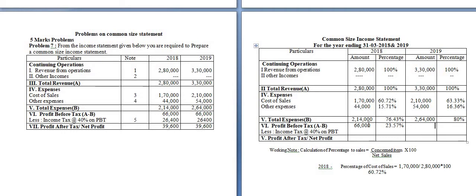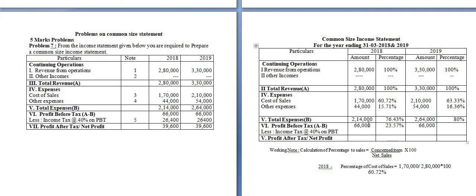A's amount is 3,30,000 for the year 2019 and B is 2,64,000. So 3,30,000 minus 2,64,000 is equal to 66,000.